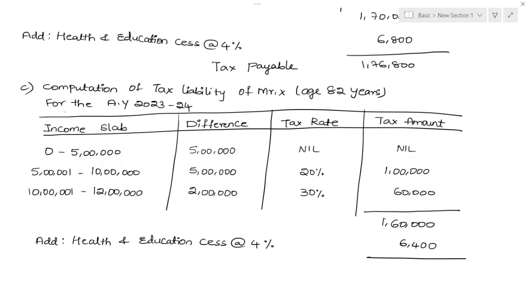When we add that, 1,66,400. This is tax payable.